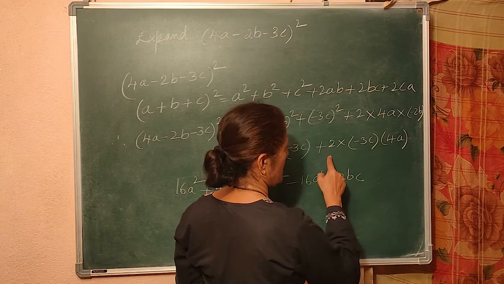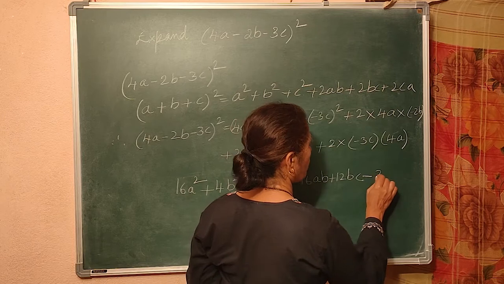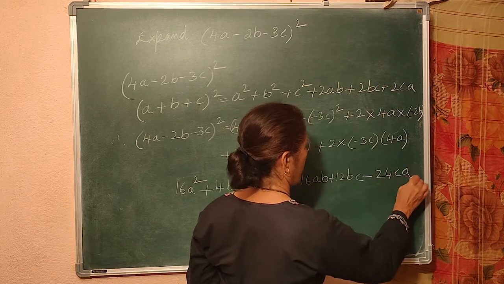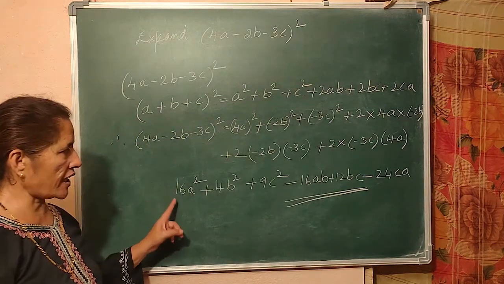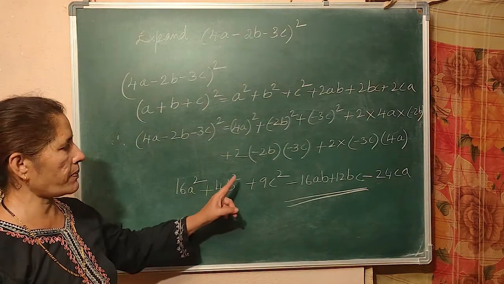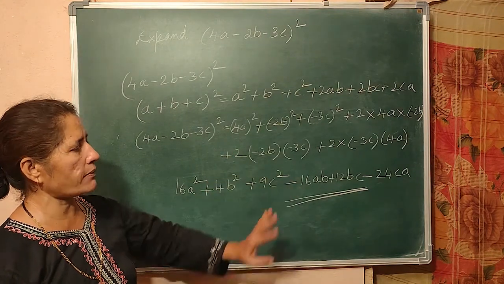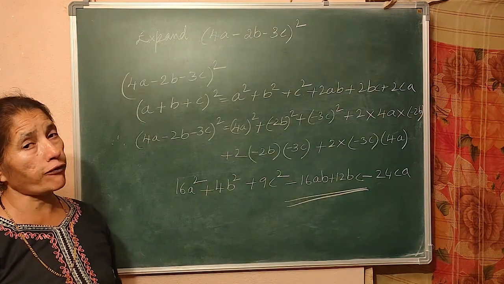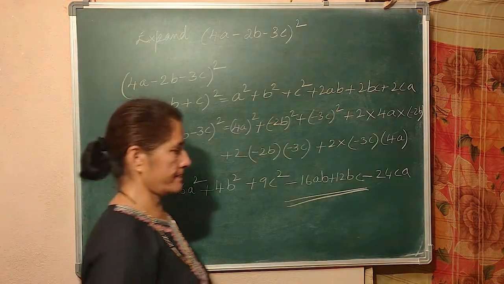Minus, only one minus is there. So 2 3s are 6, 4s are 24ac or ca. So this is your final answer: 16a square plus 4b square plus 9c square minus 16ab plus 12bc minus 24ca. Minus into minus is plus. Remember that.